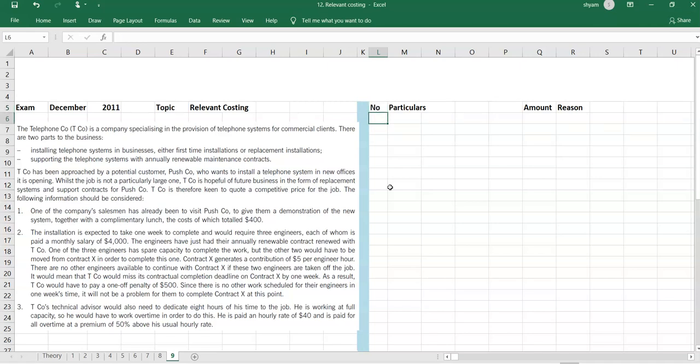Okay, so we'll start. You can just read along the cursor.